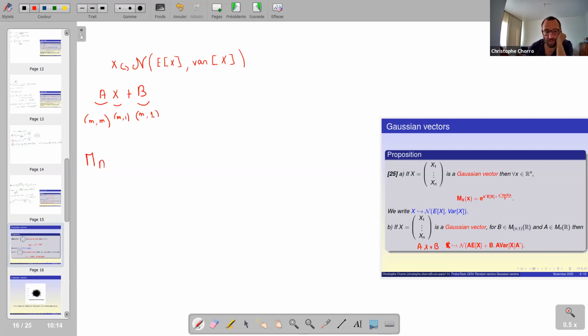Okay, so if I want to find its distribution, we are going to define the moment generating function of this one at x, for x belonging to R to the power n.